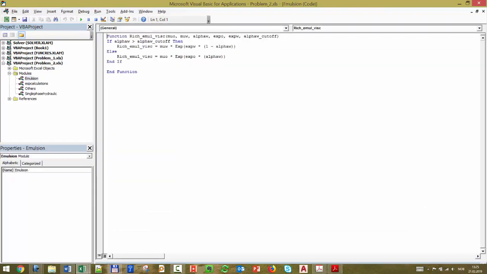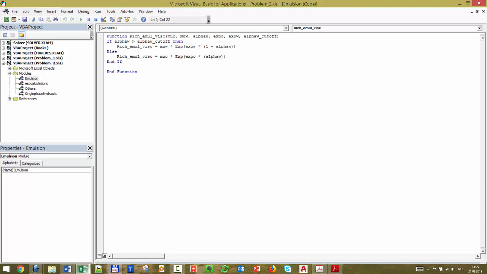Emulsion, you have that equation, one equation taking both. We call that the inversion point or the cutoff point. If you are above that, you're going to use the expression with water, and if you are below that, you're going to use the expression with oil. And here you have your constants, exponent water and exponent oil.